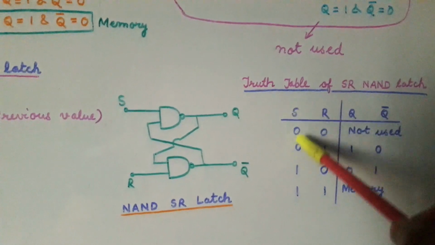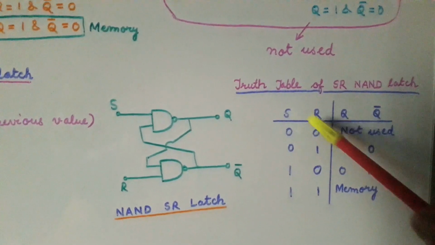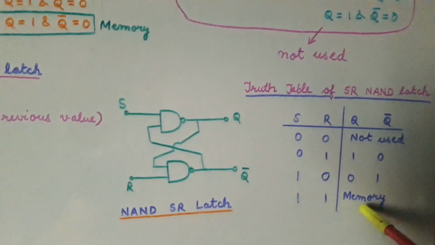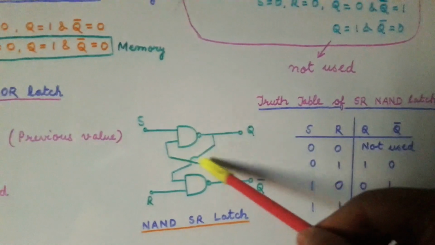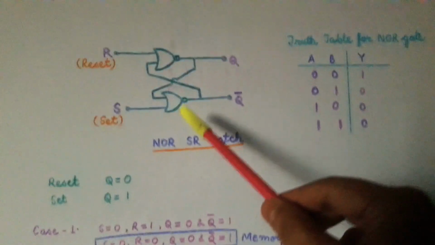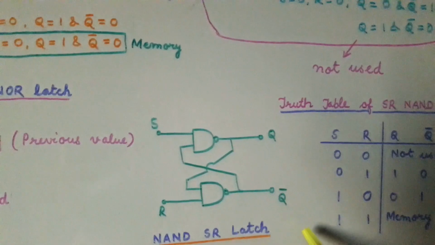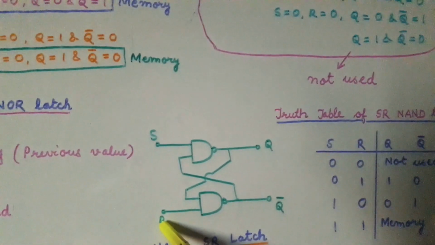When S is 0 and R is 1, we get the output as 1 0. And when both the inputs are equal to 1, we get the memory, that is, we get the previous value. The only difference between this circuit and this circuit is that this is the reset input and this is the set input, but in case of the NAND gate it is just the opposite. This is the set input and this is the reset input.